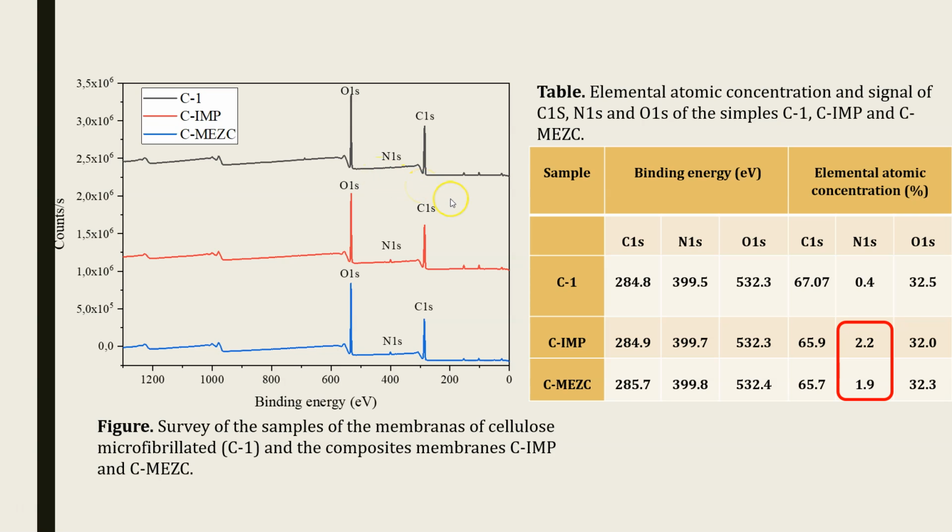To correlate this information, it was possible to obtain the concentration of the elements through high-resolution analysis of the samples. In the case of composites generated by impregnation and mixing, it was possible to demonstrate that the high presence of nitrogen is associated with the presence of polyketone on the surface.